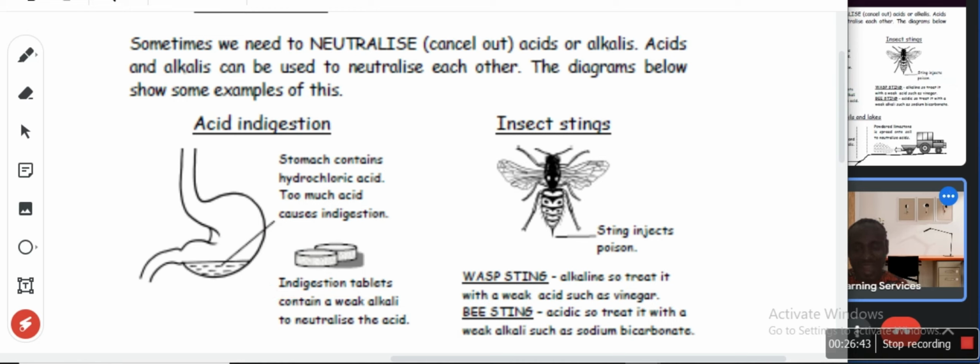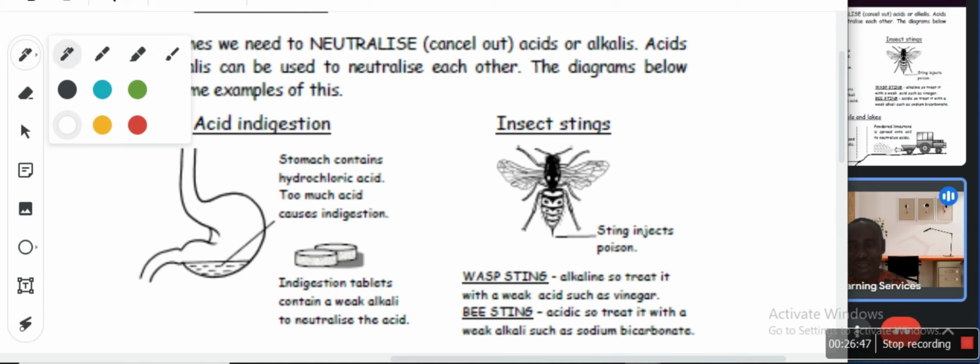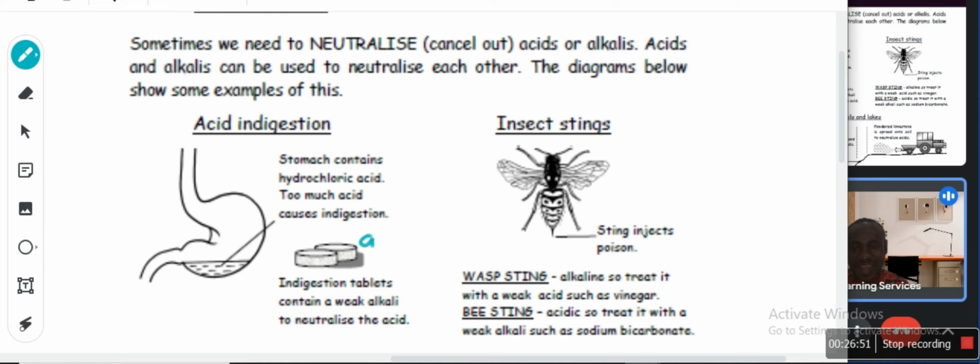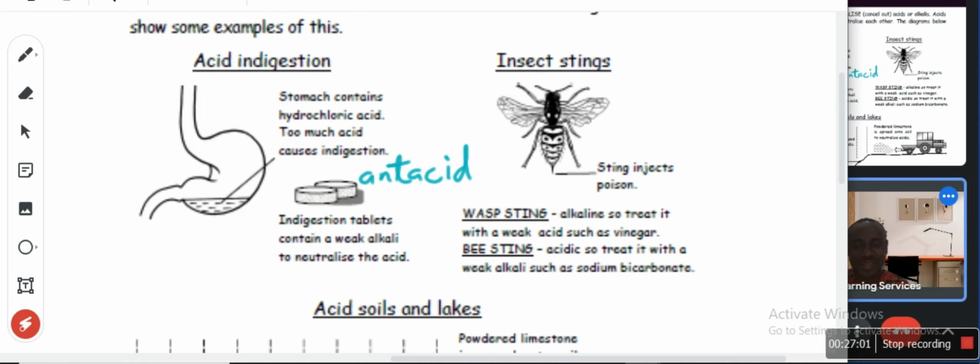Some call it antacids. Antacids are actually bases or alkalis. Antacid, like anti-acid. Anti-acid will be the opposite of acid, right? Yes. To help to neutralize the stomach acid. They are weak alkali to neutralize the acid.